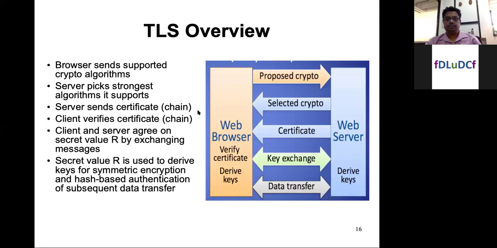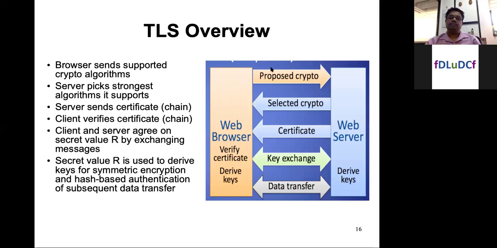So here is the web server, and here is the web browser. First, in the TLS protocol, the web browser connects to the web server with a message we call the TLS hello message. The TLS hello message consists of the cryptographic algorithms supported by the browser, the key sizes, and some other information.